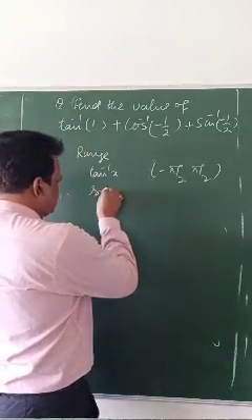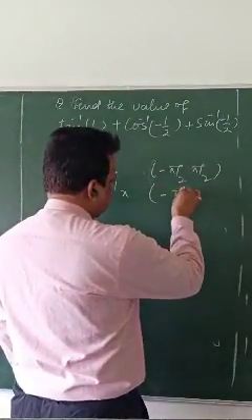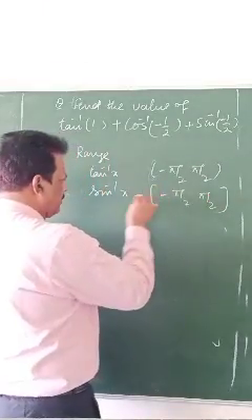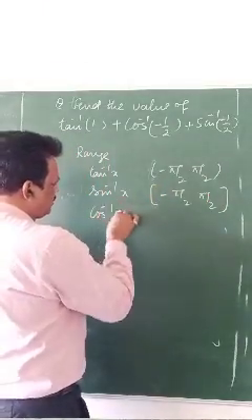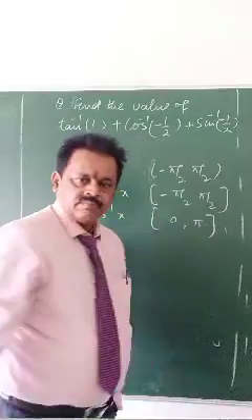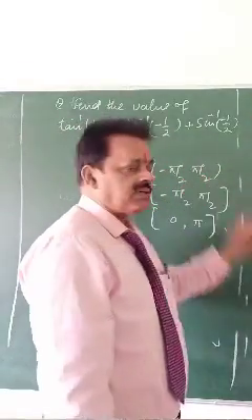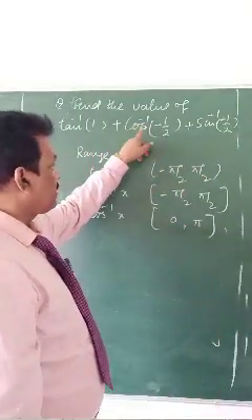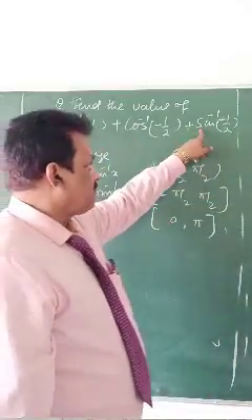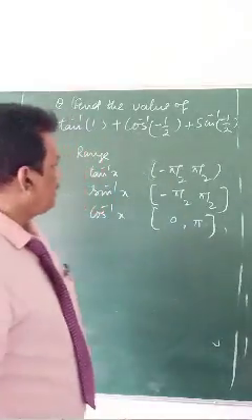Sin inverse x is minus pi by 2 to pi by 2 but closed interval. And cos inverse x is between 0 to pi. Means this one will remain between minus 90 to plus 90, this one between 0 to 180, 0 to pi, and this will remain between minus 90 to plus 90.